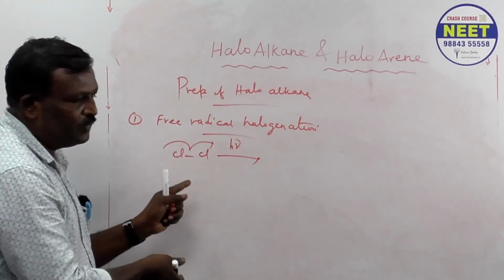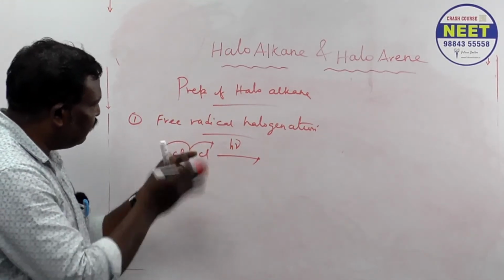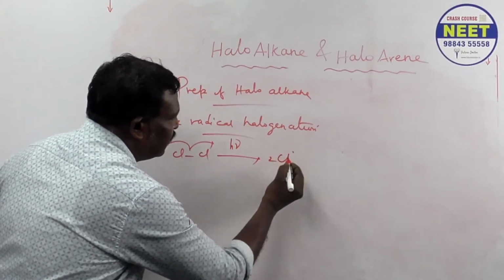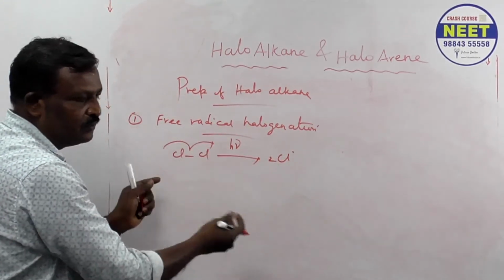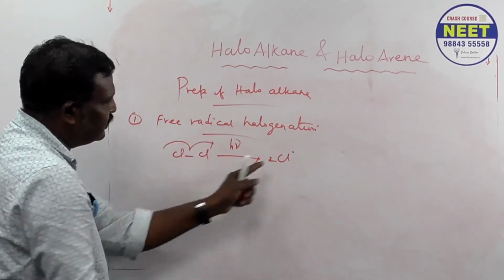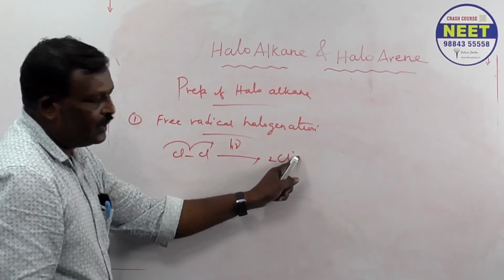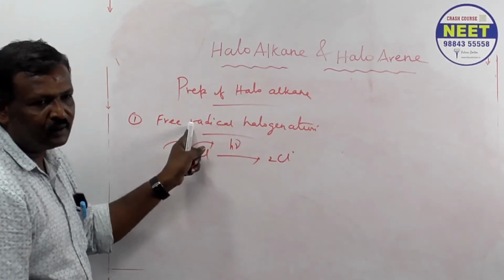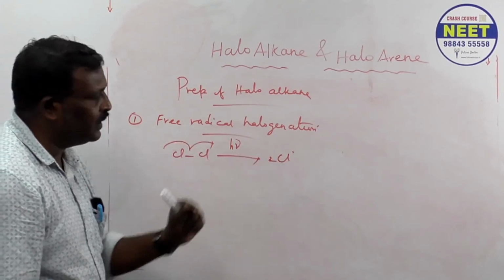Whenever you apply light energy, the bond will break. Each atom retains its electron. So Cl dot: this chlorine gets its electron, this chlorine gets its electron. Any species with an odd number of electrons is called a free radical. This is called the chlorine free radical.